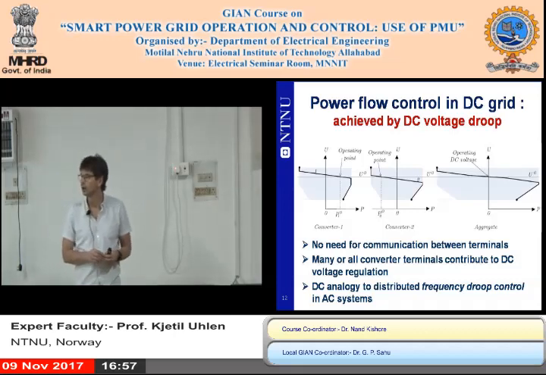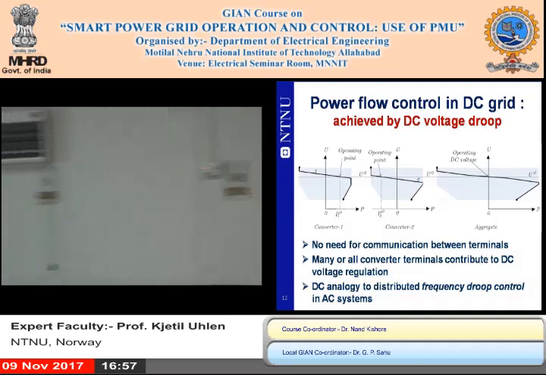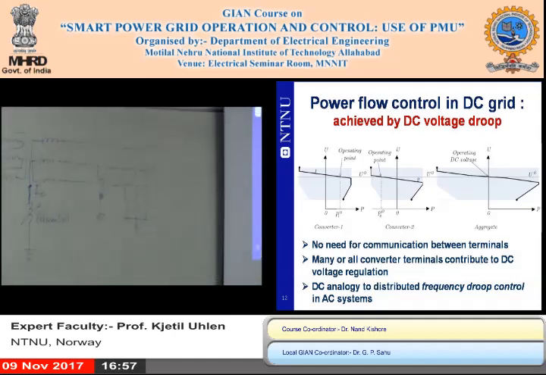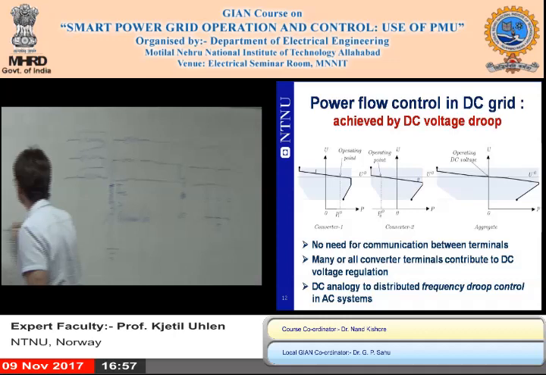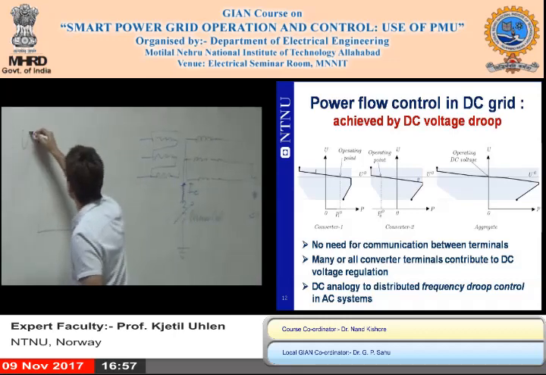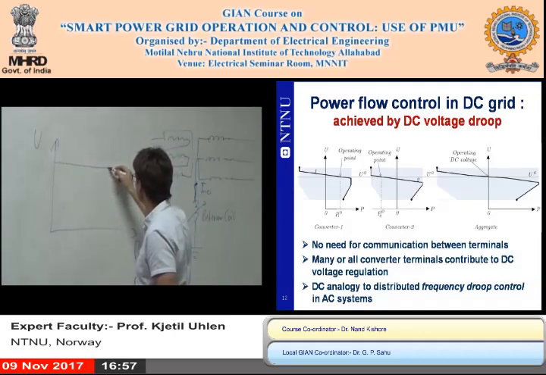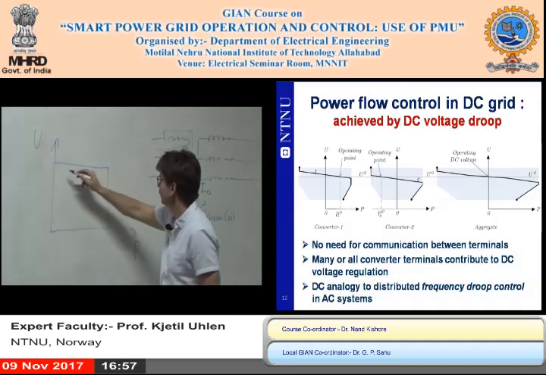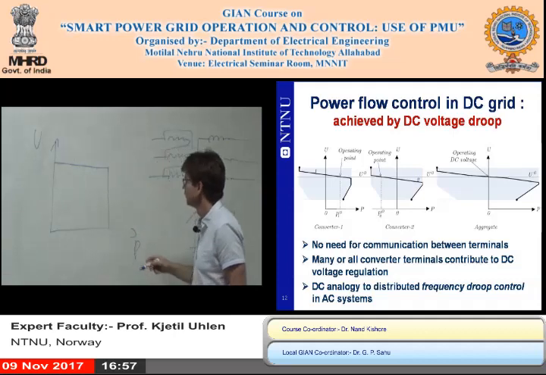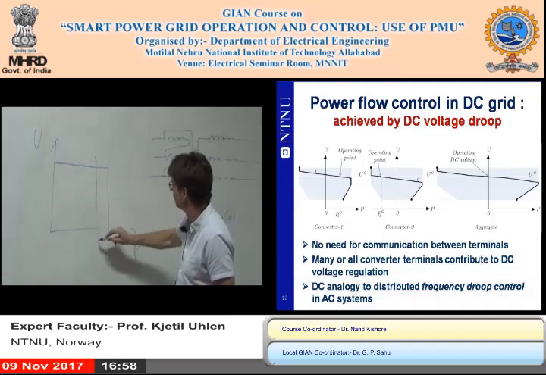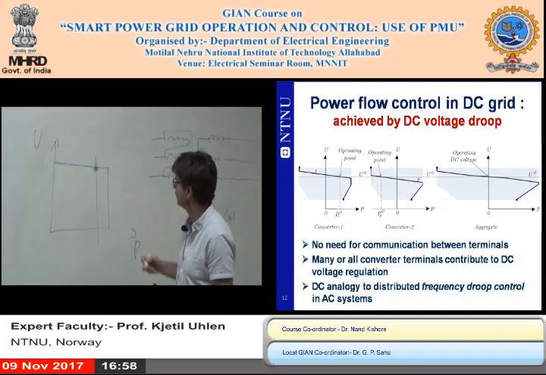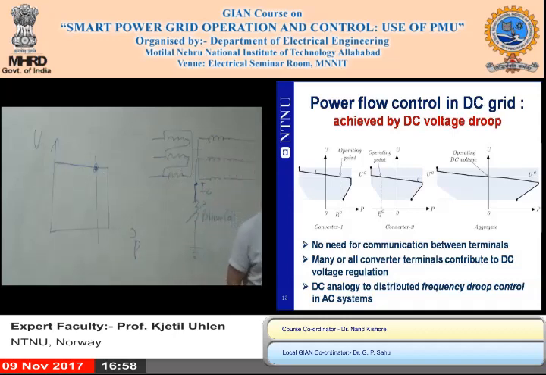So in contrast to the more traditional way of looking at DC, which is that one converter controls voltage and one controls power, so that you have the operating point there.